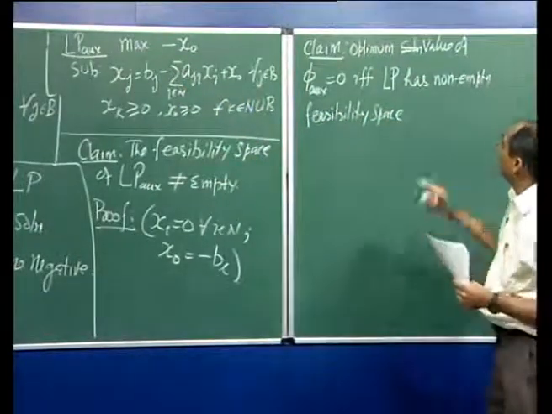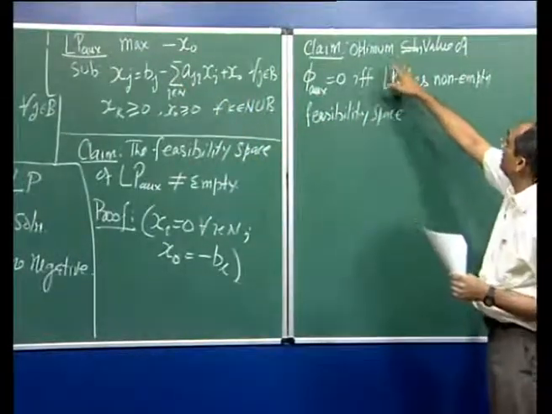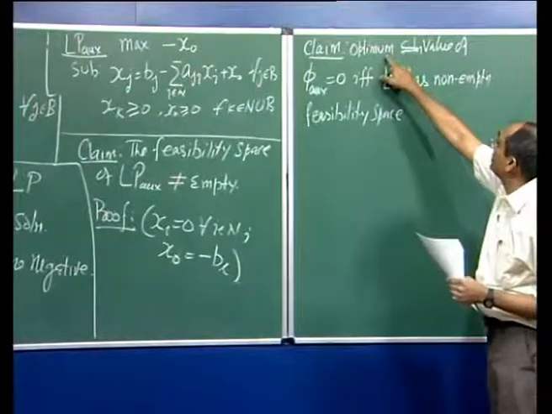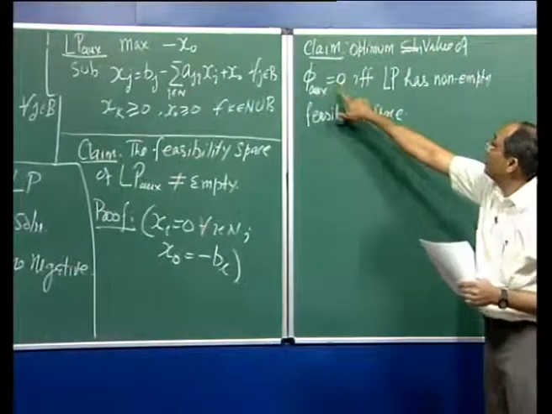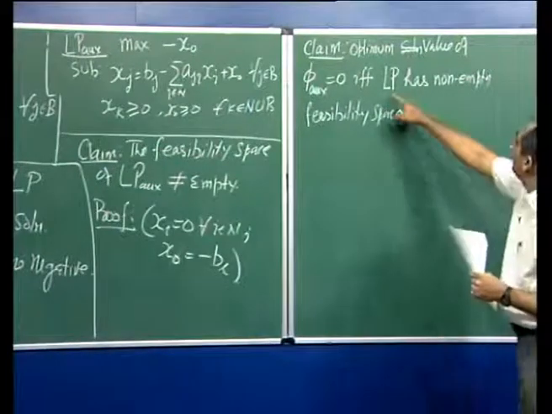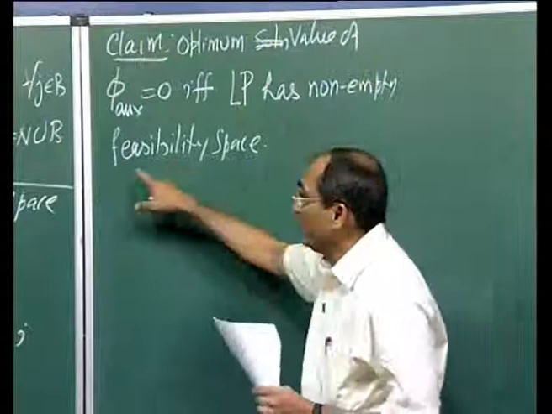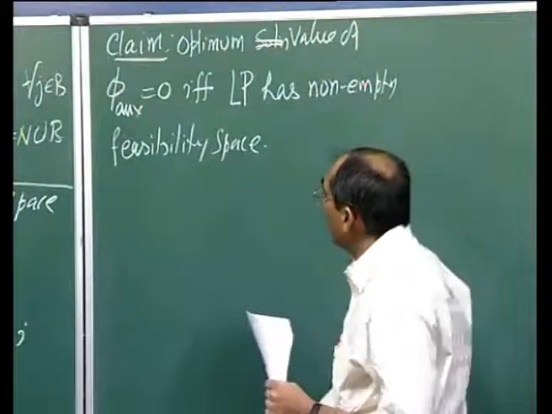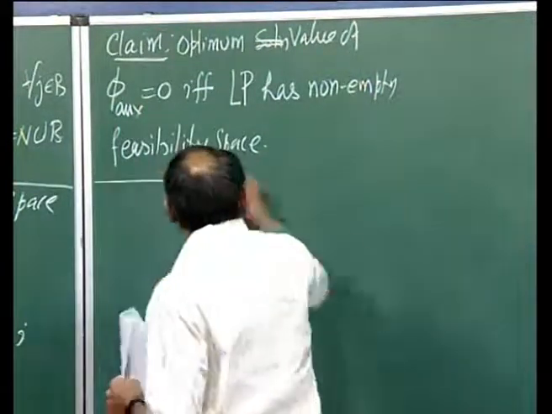Hence, what we have found is there is a relation between the optimum value of the auxiliary program and the linear program's feasibility space. We are going to exploit this.